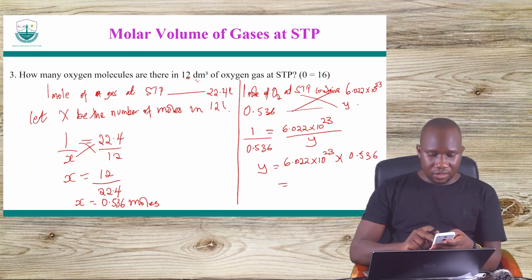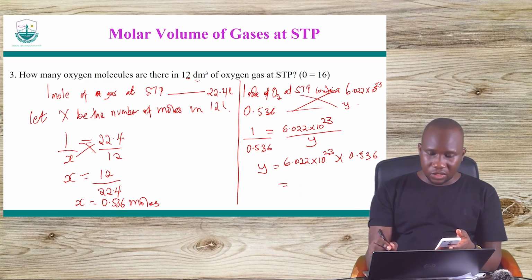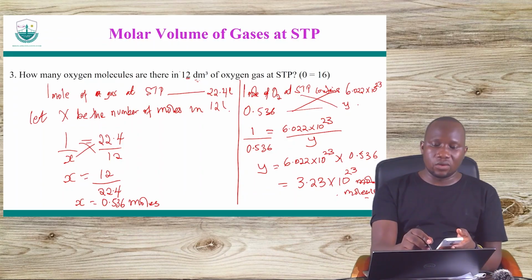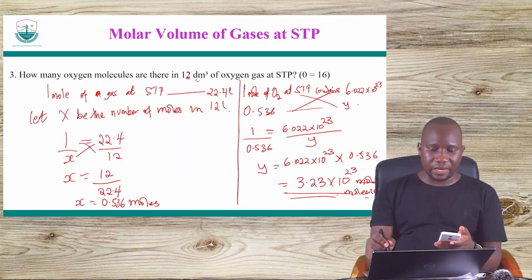So you get 3.23 times 10 power 23. These are the molecules in the 12 liters. So that is our answer there.